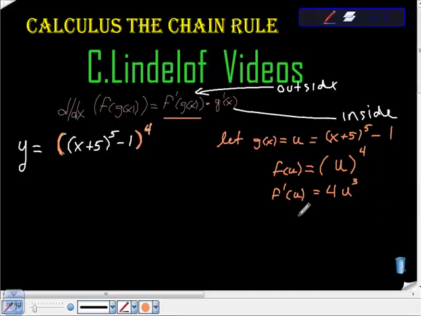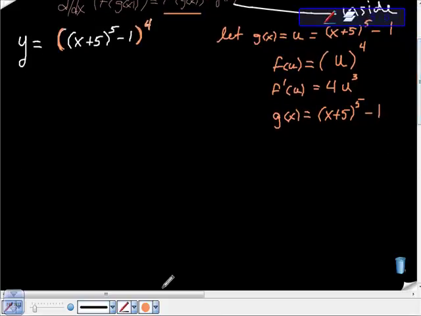Then what I'm going to do is something that's kind of weird. I'm going to take this g of x here. g of x, that's my u. g of x is that inside thing, and that was x plus 5 to the 5th minus 1. Now I have to use the chain rule again here. So this is a combination of chain rules. So I'm going to take the derivative of the outside of this one. The derivative of the outside of this one is 5 times 1 is 5.